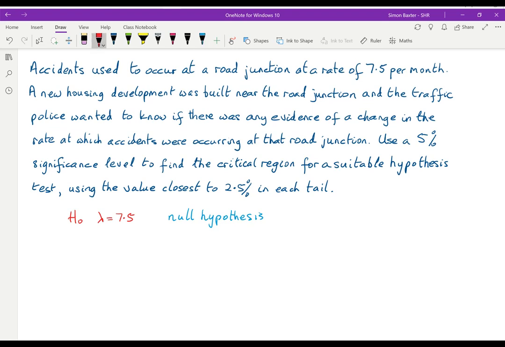My alternative hypothesis, H1, we want to see if there's a change. So we're not looking for lambda bigger than 7.5 or less, we're looking for both. In other words, we're looking for lambda no longer 7.5, and this is the alternative hypothesis.